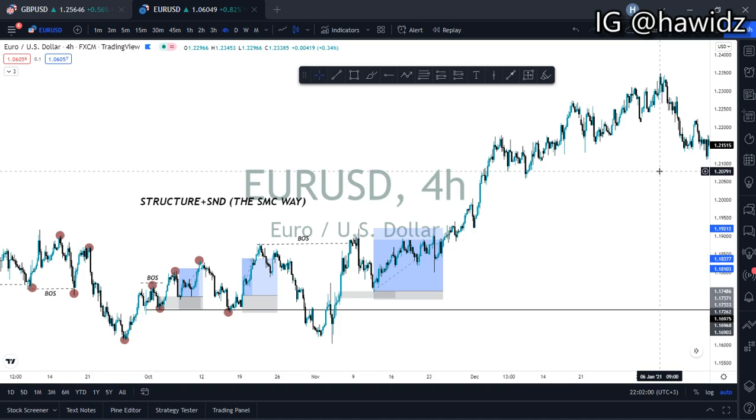So these two things are the key things that you, as a beginner trader, as an intermediate trader, as a pro trader, I mean, they're just way too essential.